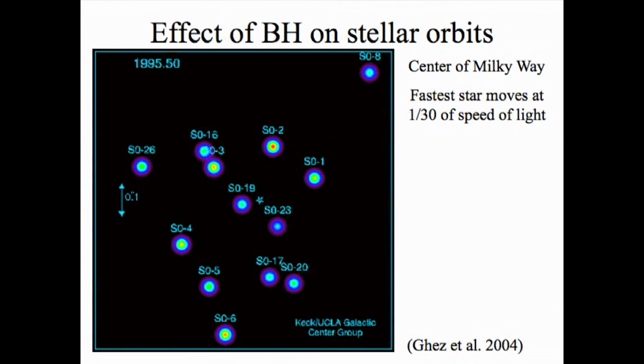We detect black holes, since they are indeed black, by looking at their effect on other things nearby, either stars or gas. And we'll actually talk about both cases. This here is a picture of the center of our own Milky Way galaxy, where Andrea Ghez of the University of California in Los Angeles took a telescope, actually the Keck telescopes that you might know out in Hawaii, pointed them at the center of the galaxy, and then took pictures every so often.